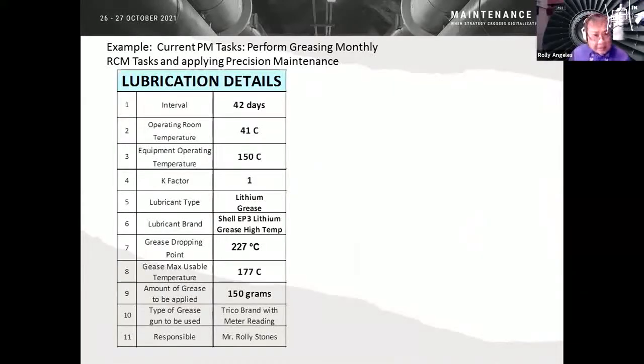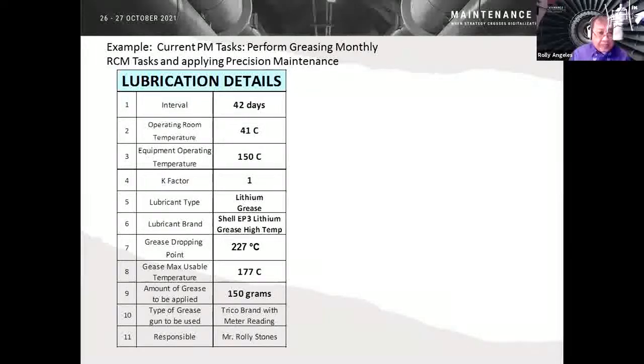So, for example, I have here an interval for greasing, around 42 days, operating temperature, assuming it's around 41 degrees centigrade. The equipment temperature is around 150. I use a K factor of 1. Type of lubricant, lithium grease.